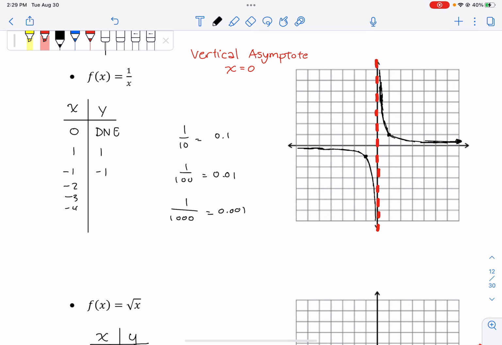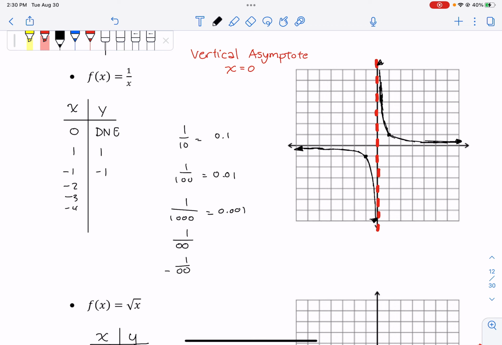You can plug in a really big number, like even infinity or even negative infinity. 1 over negative infinity, you'll never hit 0.